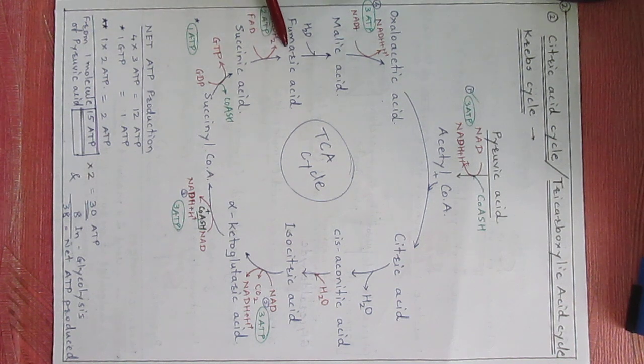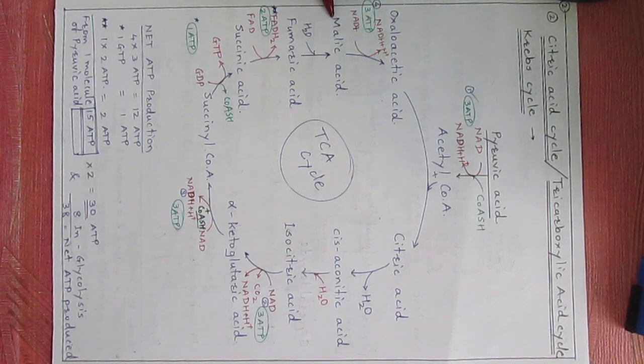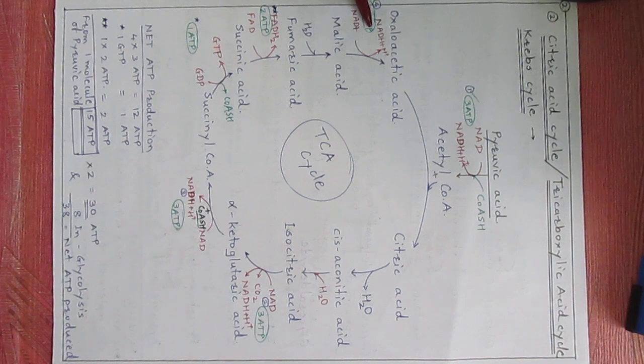Next, this fumaric acid gets hydrated to form malic acid. Then malic acid again gives 2 H atoms to the NAD molecule, and therefore there is again reduction of this NAD molecule to form NADH2, and due to such removal of hydrogen atoms from this malic acid, there is formation of oxaloacetic acid.